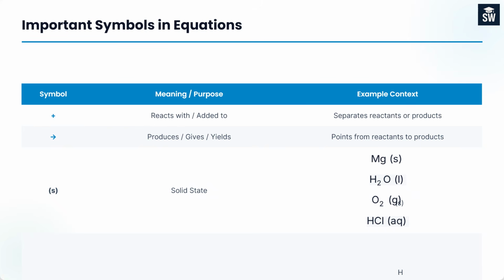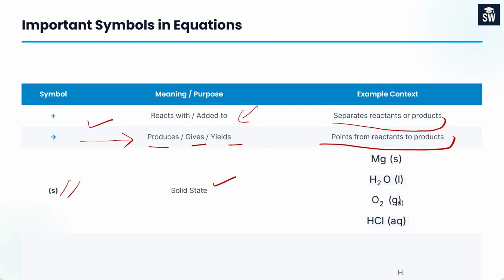After that let's see some important symbols in the equations. For example, if plus is given, it means reacts with or added to, and separates reactants or products. The arrow, जो ये arrow होता है लंबा, means produces or gives or yields, and points from reactants to the products. After that, a small s is the solid state.